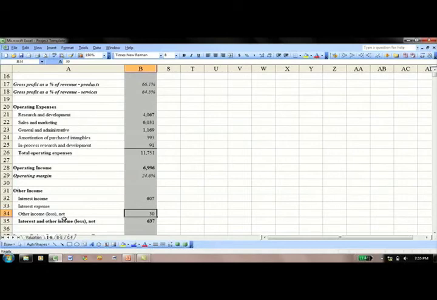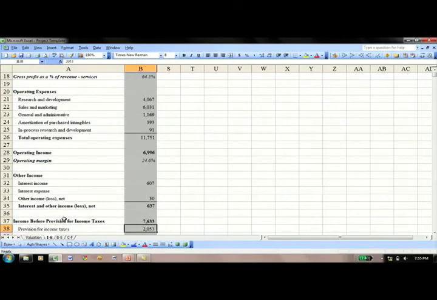Now that company might actually give Cisco dividends as a stakeholder that Cisco would then declare under this other income category. And then you add up all of your other income items and you get the interest and other income loss, which is $637 million. So as you can see, Cisco is actually doing pretty well.